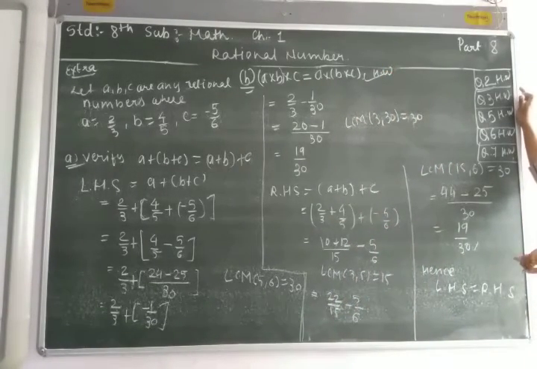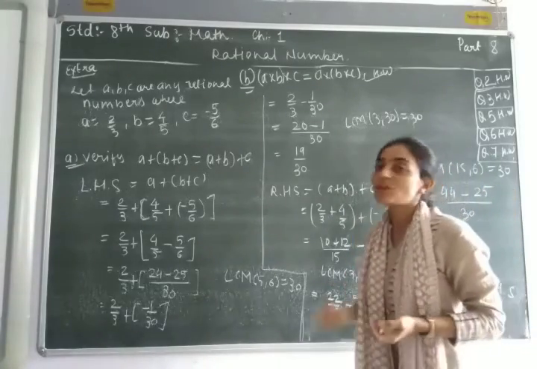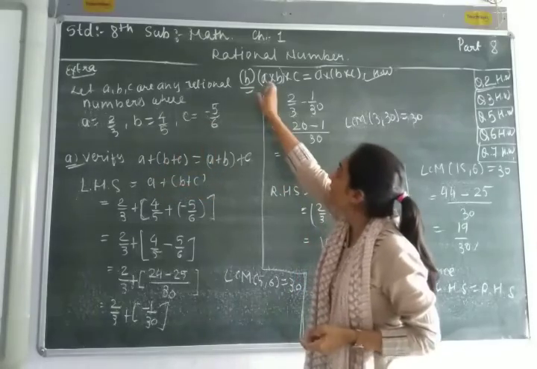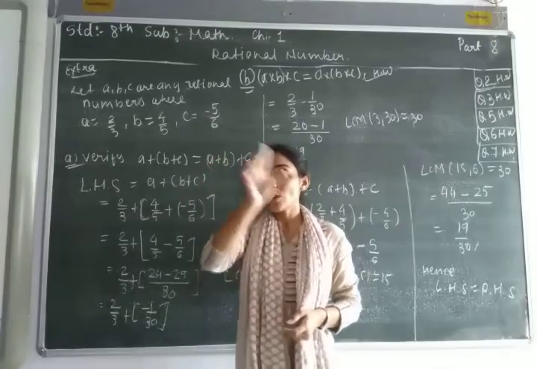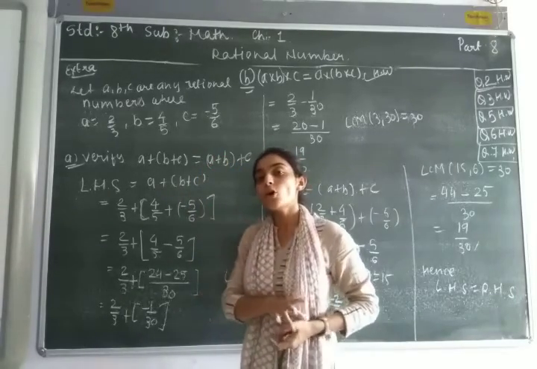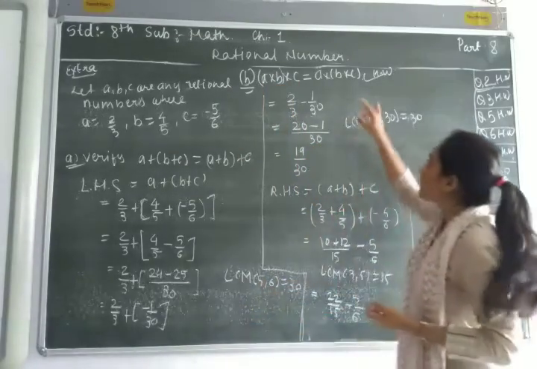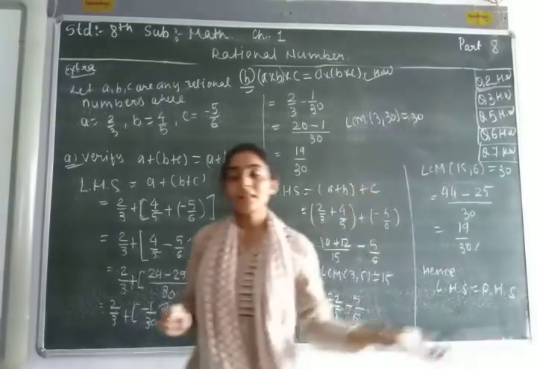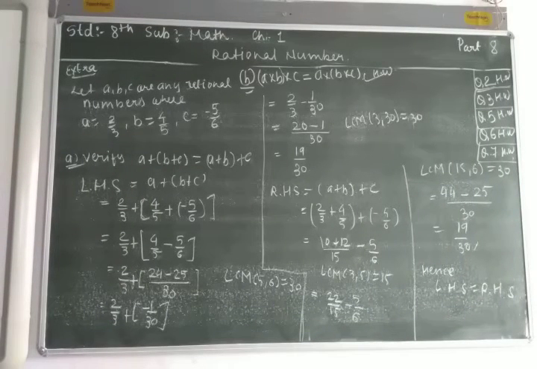Exercise 1.2, questions number 2, 3, 5, 6, 7. Now the extra one you have to solve, you have to take the values A, B and C from here only, and check whether my left hand side is equal to the right hand side or not. This one is your left hand side part. Solve that part. Now take the right hand side part, solve that, and check whether you are getting your left hand side equal to the right hand side or not.